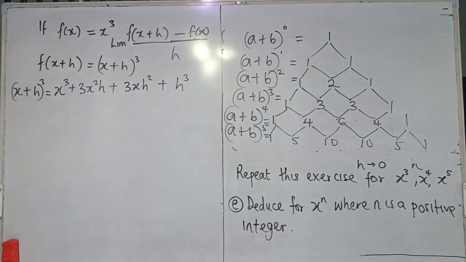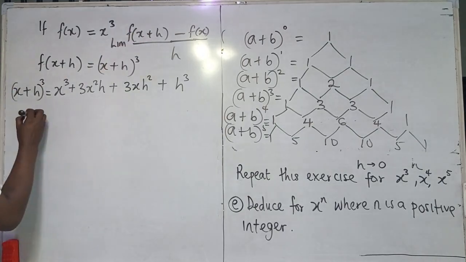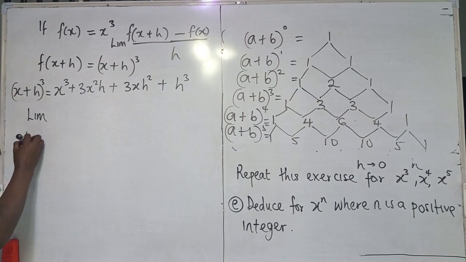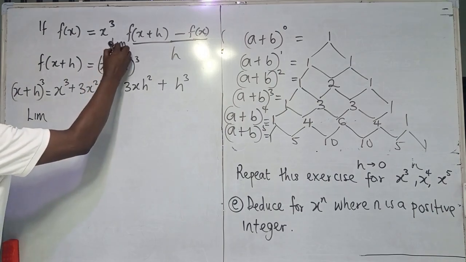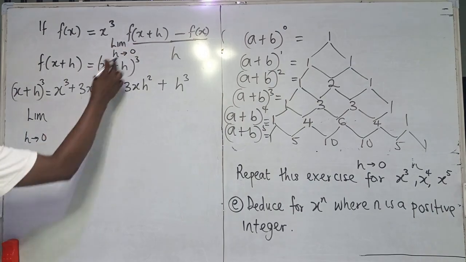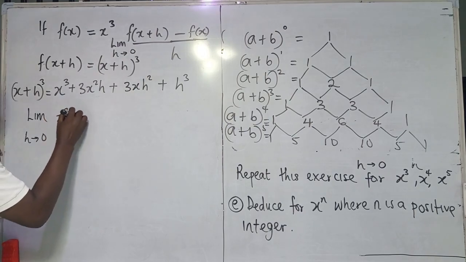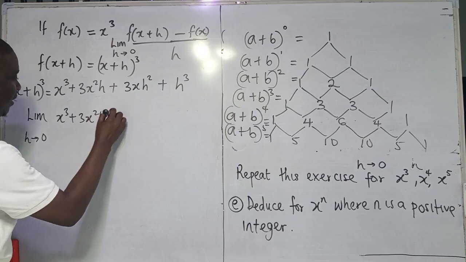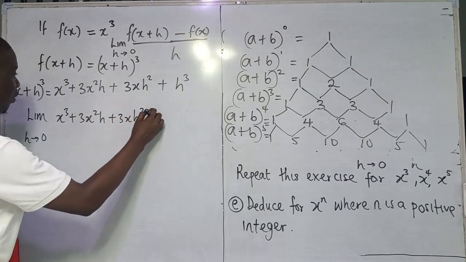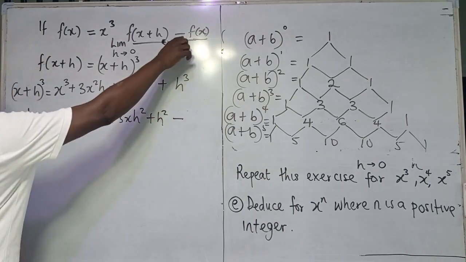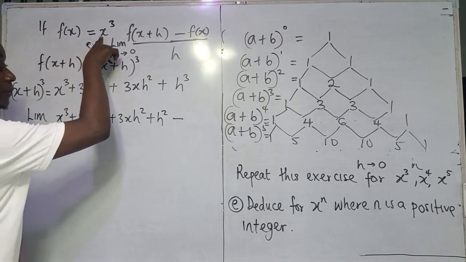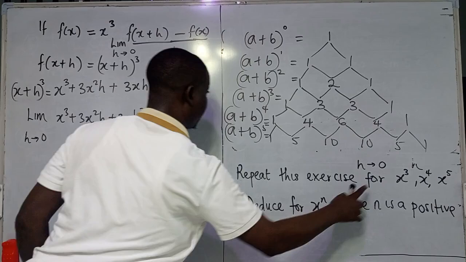Now, put it inside the equation. Limit as h tends to 0. That's what they are giving. s cube plus 3s square h plus 3s h square plus h cube, minus, what is f of x given in the question? We are doing this now.